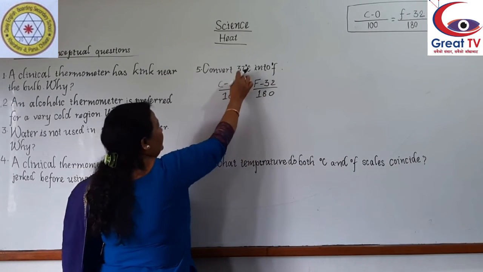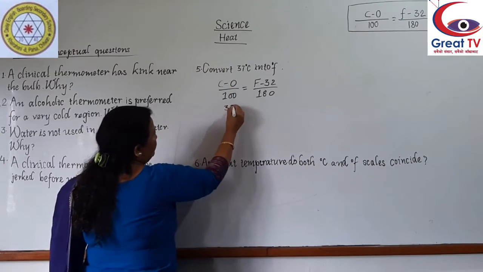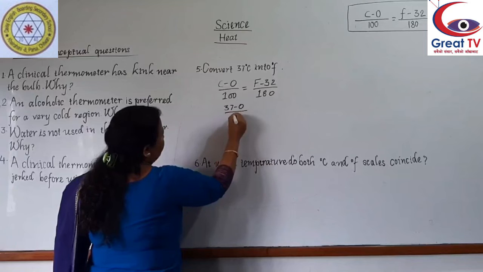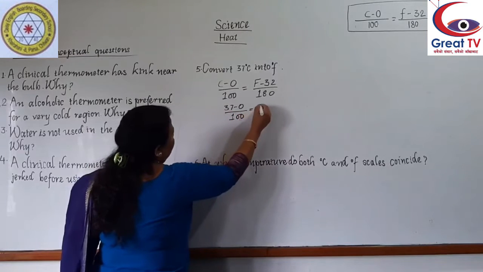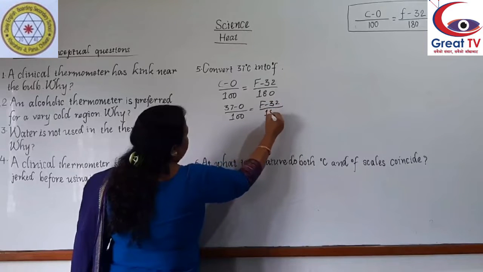We can write 37 degrees in place of Celsius. (37 minus 0)/100 is equal to (F minus 32)/180.